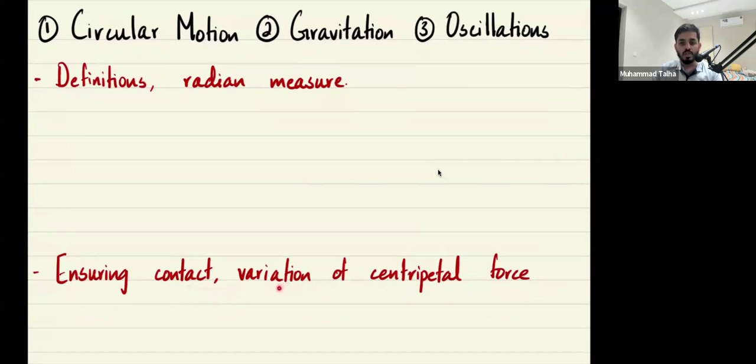It's something which is discussed in some of the videos on the platform, those 2021 videos, and how centripetal force varies. There was one question, I think it was March 23, where something really similar to this was asked.